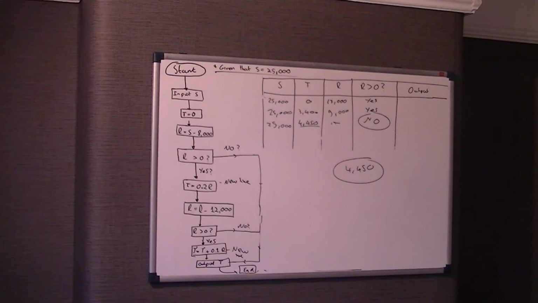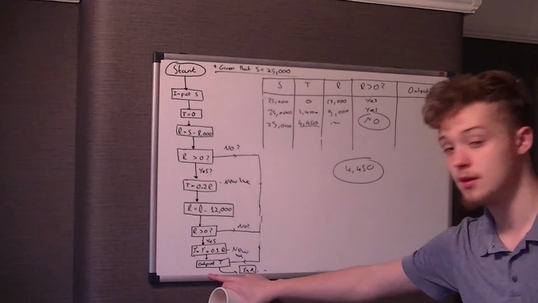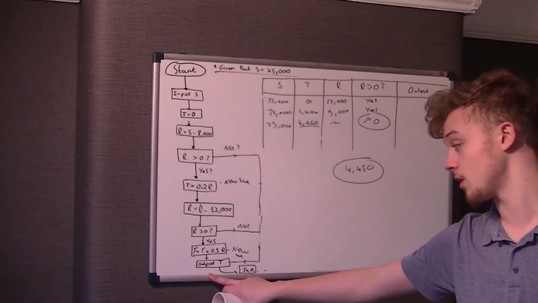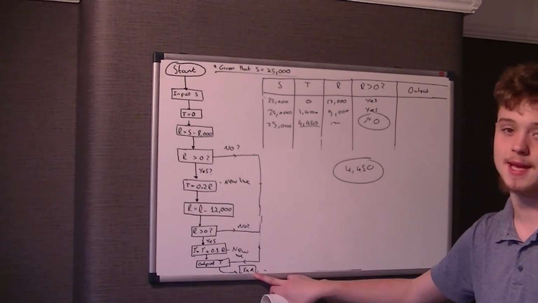Find the maximum salary of a person who pays no tax. Well, now we don't know what this value of s is, obviously, because we've got to work it out. So we follow the flow chart, but when we get to the output t, we know that is the end. That is the amount of tax they pay.